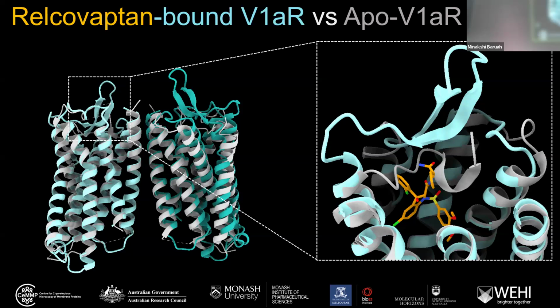In our structure, ECL2 adopts a lifted conformation, no surprise, because velcovaptan occupies the binding pocket and replaces ECL2. While in their APO structure, ECL2 acts as a lid on top of the binding pocket. Another interesting thing is that in their structure ECL2 adopts mostly an alpha helical conformation. However, when it moves upward, it changes its conformation, and it's mostly beta sheets. They didn't look deep into that, but just an observation.